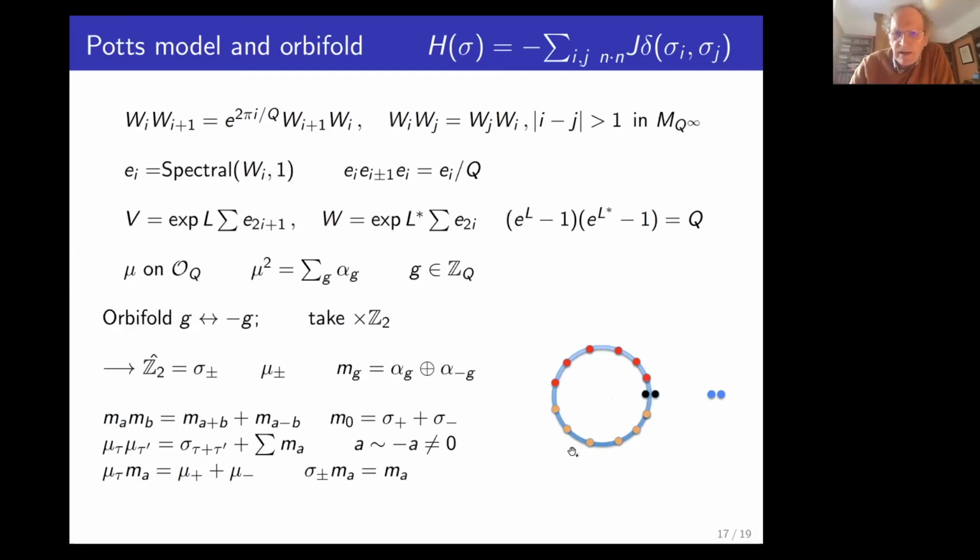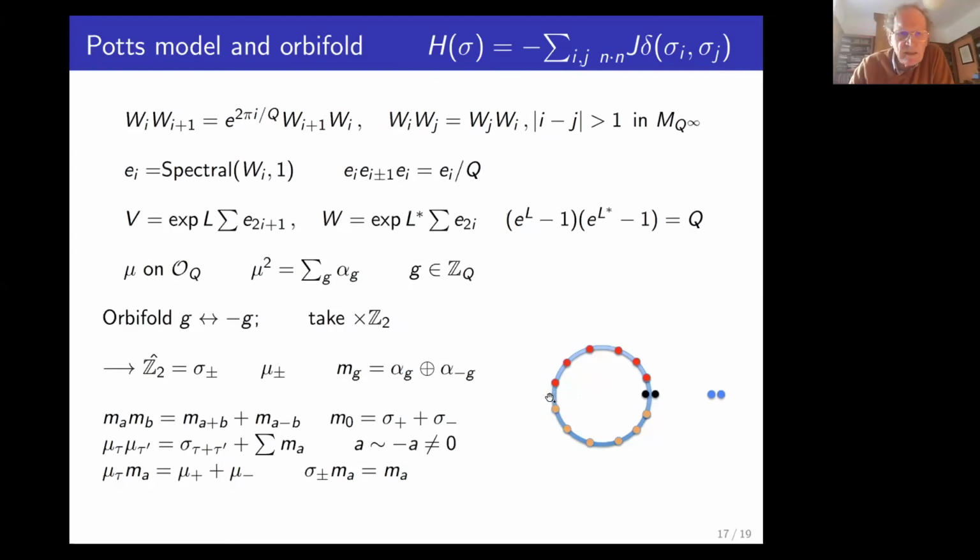And so I've represented it by this picture here. There were originally 13 points on this circle. I identify the top half with the bottom half. So I get 6 red ones, but the fixed point here splits into 2. And then on the right-hand side, I have these 2 twisted fields, which I represent by mu plus, mu minus.